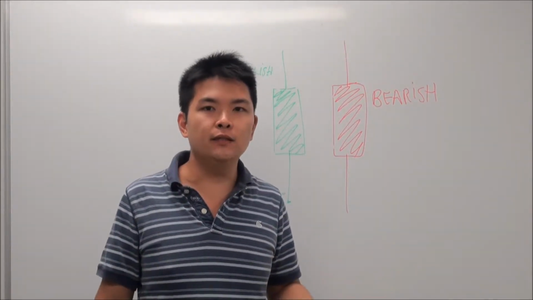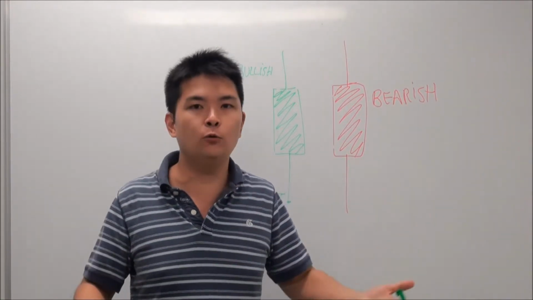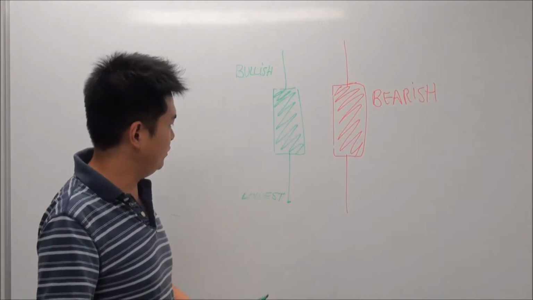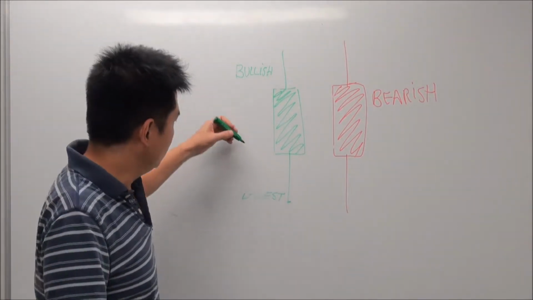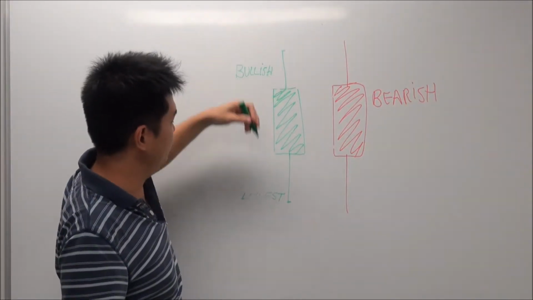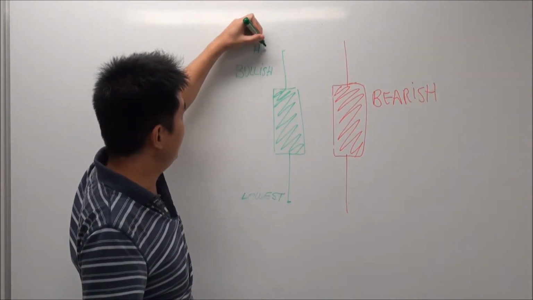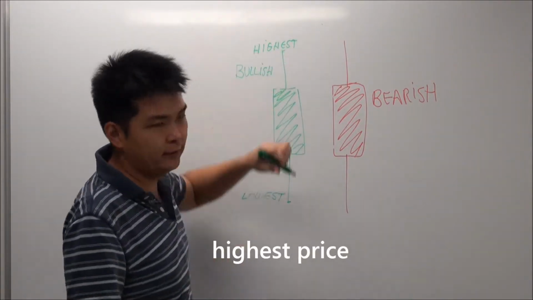And the time could be 1 minute, 5 minutes, 1 hour, 1 day. It depends on the graph that you're using. So this thing on the top of the candlestick represents the highest price of that candlestick.